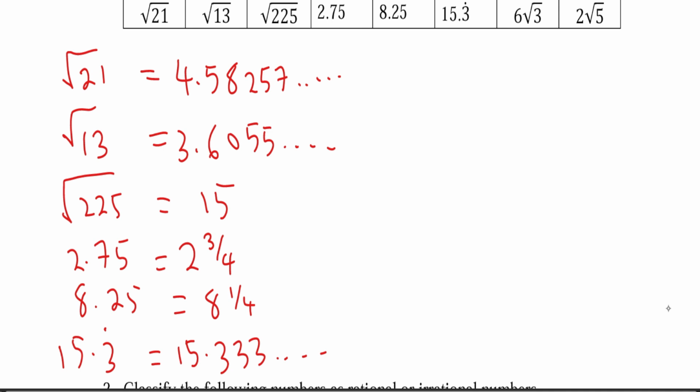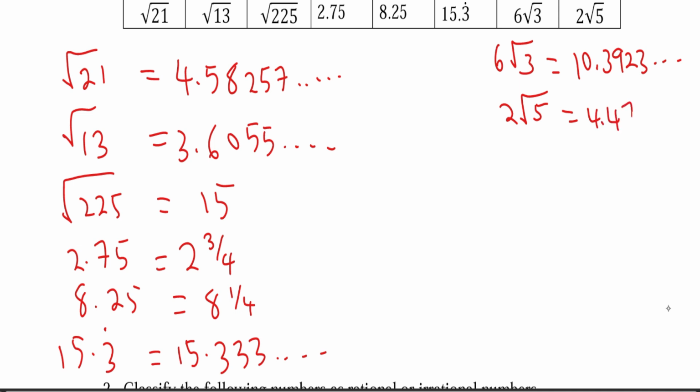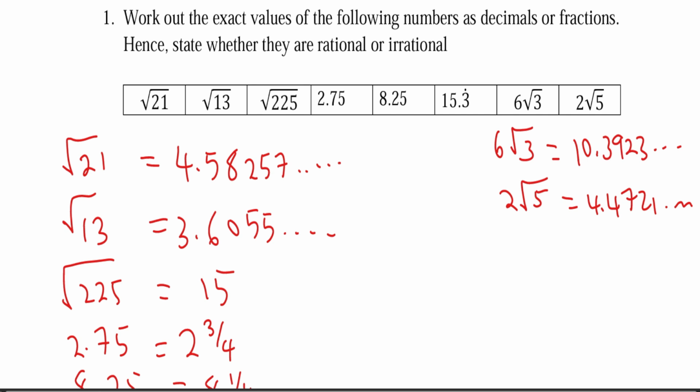Then 6 root 3 gives you an exact answer of 10.3923 and continue. Last but not least, 2 root 5 gives you 4.4721 and continue.